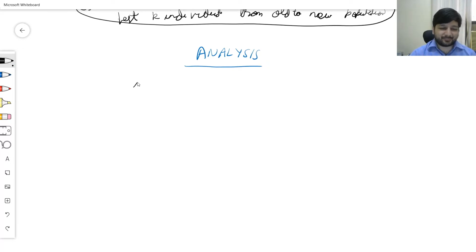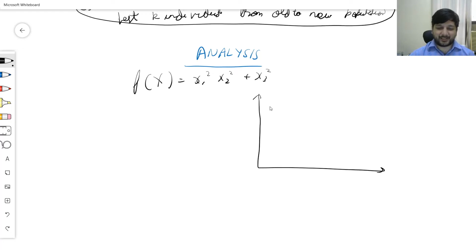So we've got a function f(x) is equal to something, and for the time being, how much maximum can I plot? Can I plot this function? I can plot it if it was one dimensional. So let's take this function as one dimensional, and this is what it will probably look like.